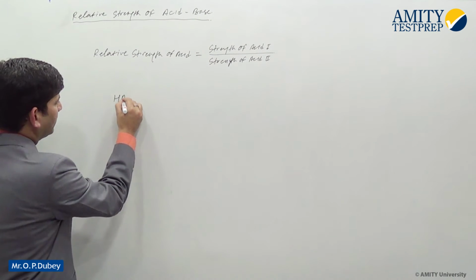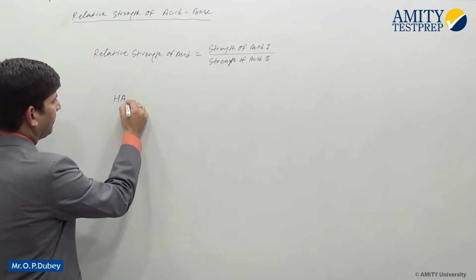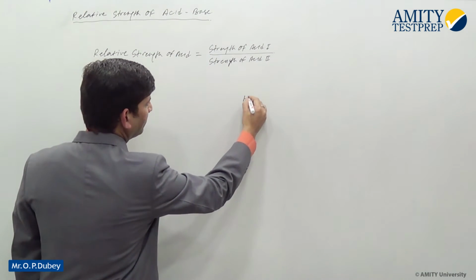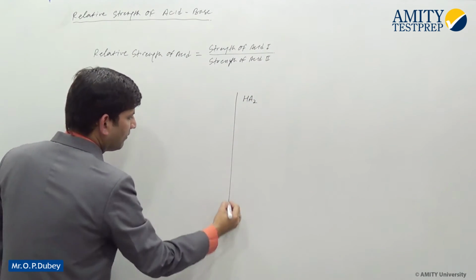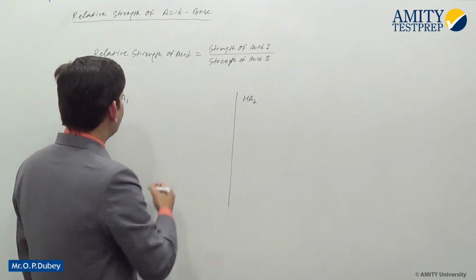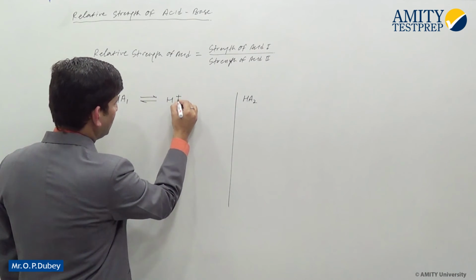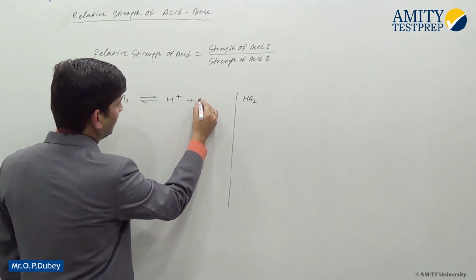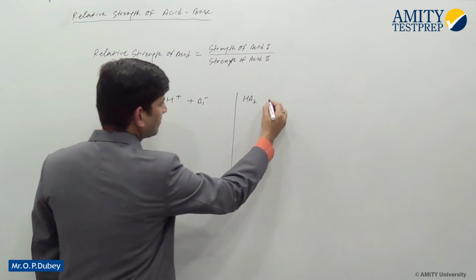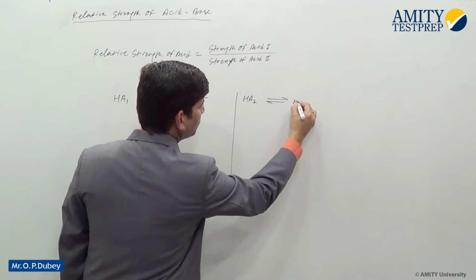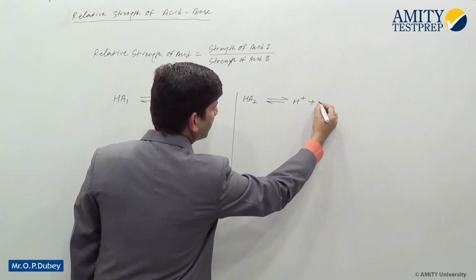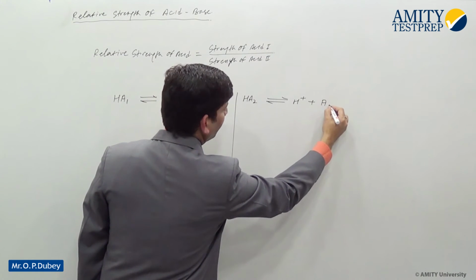Let us take an example of two acids, HA1 and HA2, which dissociate in the aqueous solution. HA1 dissociates as H+ and A1-, and HA2 dissociates as H+ and A2-.